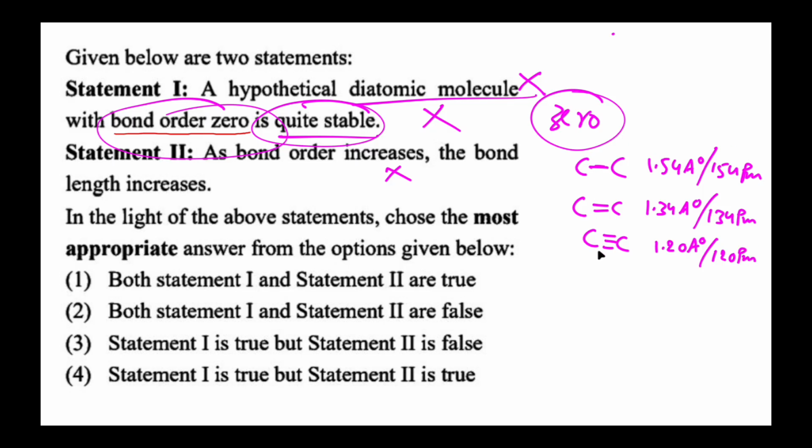As the number of bonds between two atoms increases, bond length decreases. So bond order and bond length are inversely proportional. As bond order increases, bond length decreases. So statement 2 is also false. The correct answer is option 2: both statement 1 and statement 2 are false.